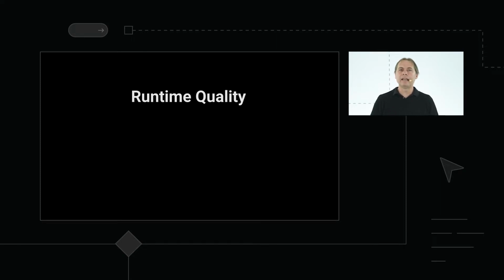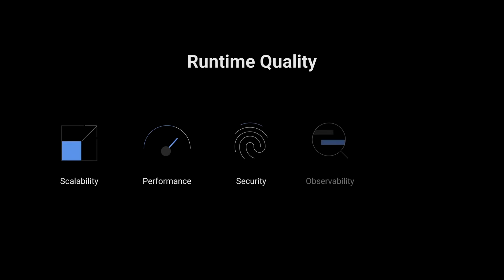We can ensure quality from different perspectives, not just from the point of delivering a system that will compute enough, but we need to ensure quality following different non-functional requirements, such as, for example, scalability or performance, security, observability.